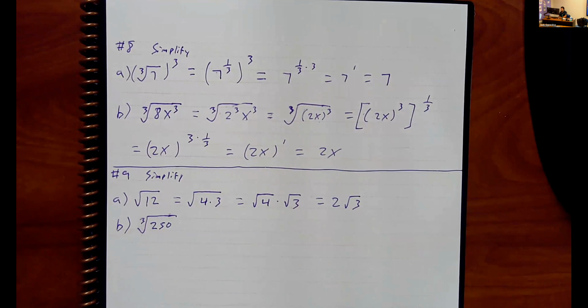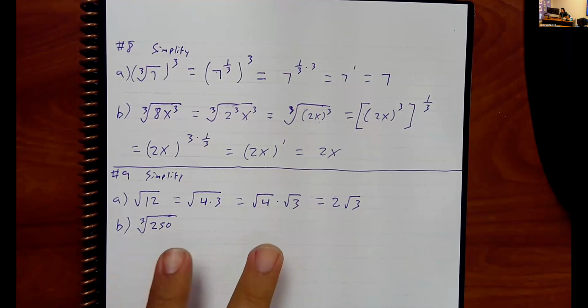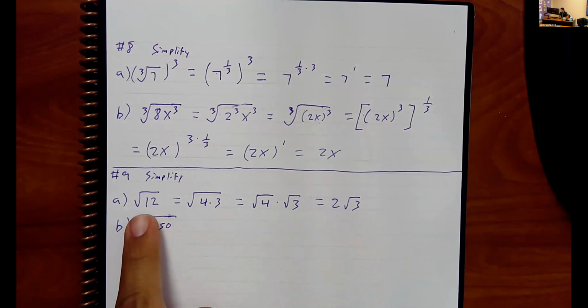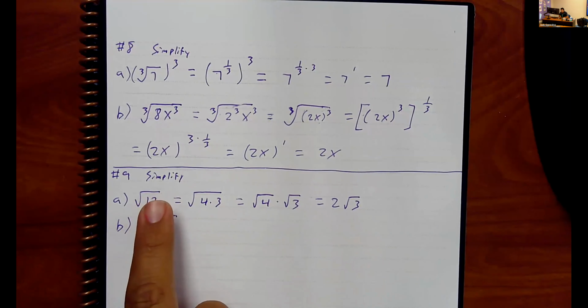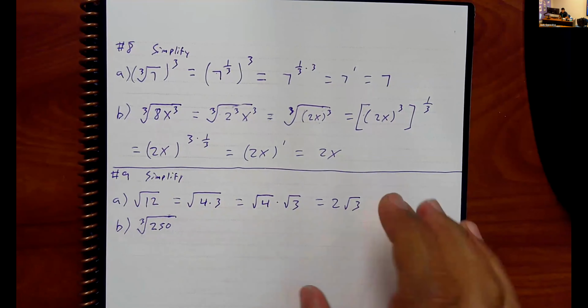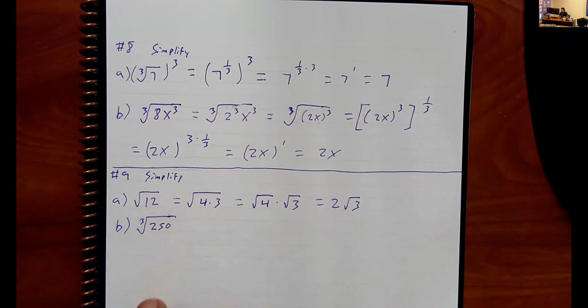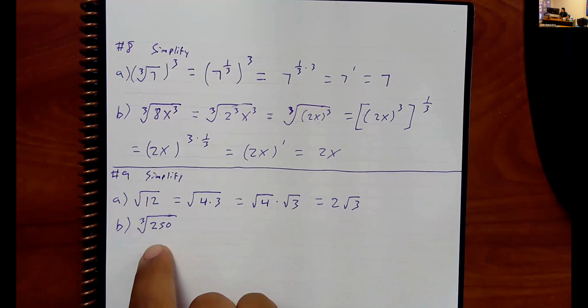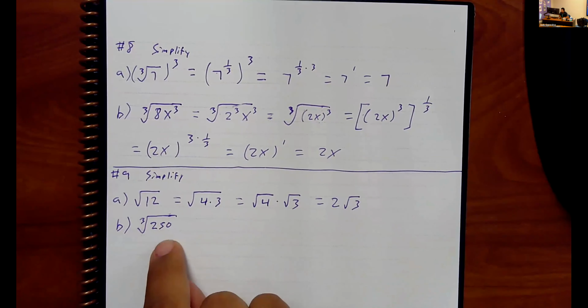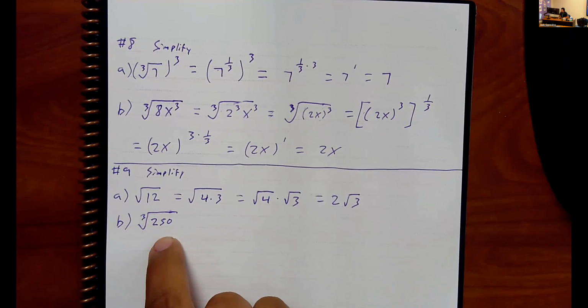So I don't expect you to have all the cubes and all the squares memorized. If you want to have a sheet of squared numbers and cube numbers, I don't care. You can Google it if you want. What matters is can you do the process here, right? If I had a list of all the squared factors, I would hope you'd see, oh, 4 goes in there, cool. Over here, if you have a list of cubes, you should see that 125 would be the best one, right?